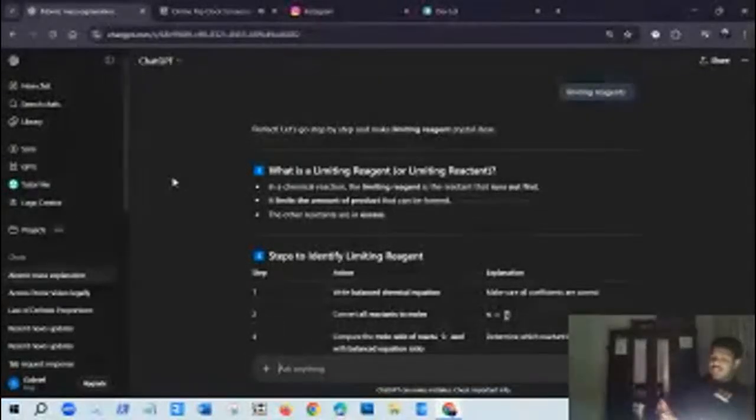The reactant which is not consumed completely and is left unreacted is known as the excess reagent. So let's do this question.